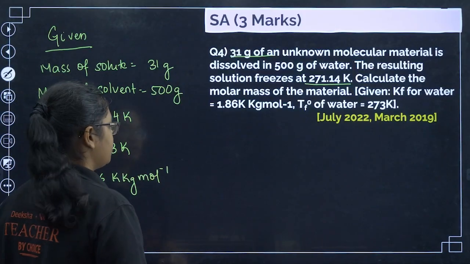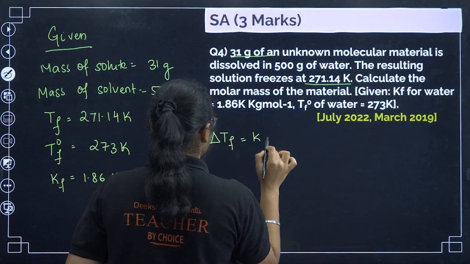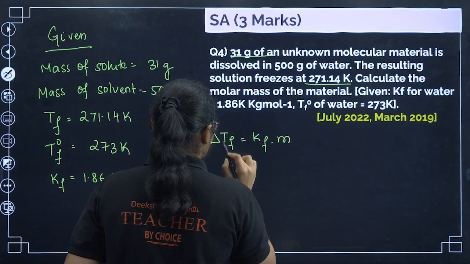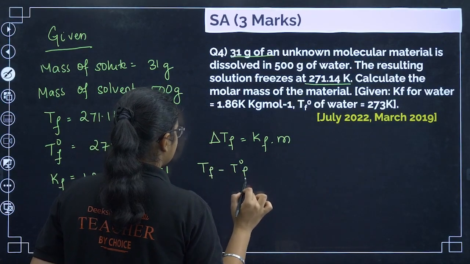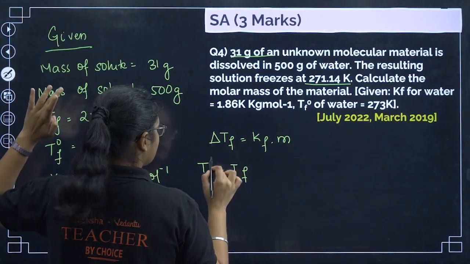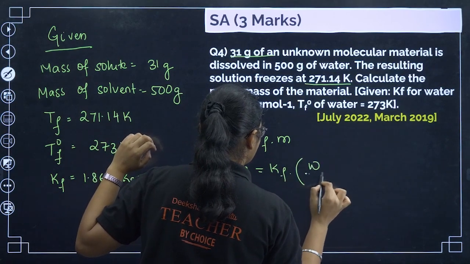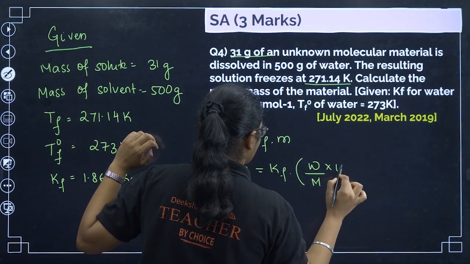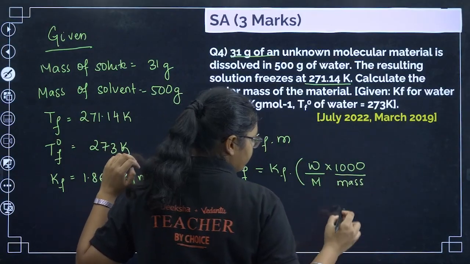Okay, so now we have this formula, delta TF is equal to Kf into M. Delta TF is T naught F minus TF, which is equal to Kf into W by M into 1000 by mass of solvent.